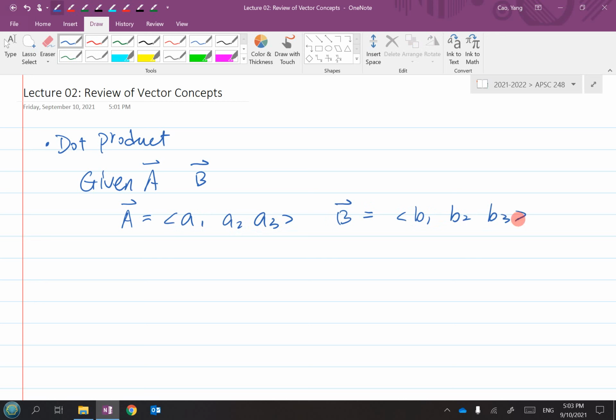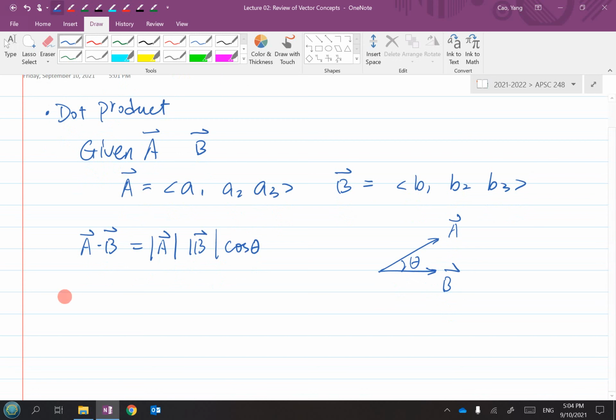So we presented A dot B. There are two formulas, right? But I'm going to present the second one here. The second formula is A, B, and cosine theta. So this is A, this is B, theta.